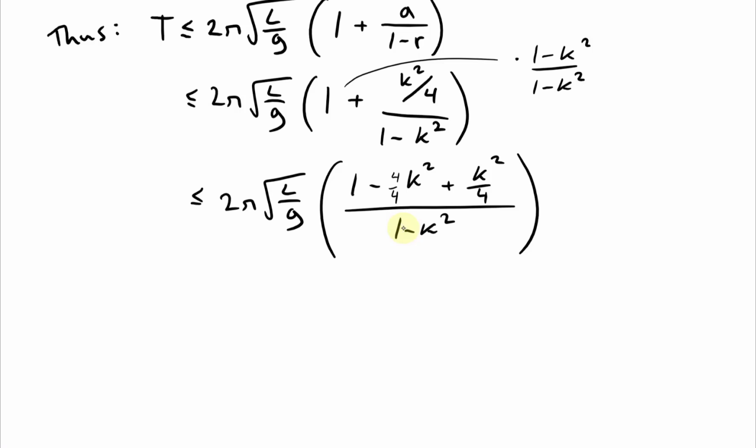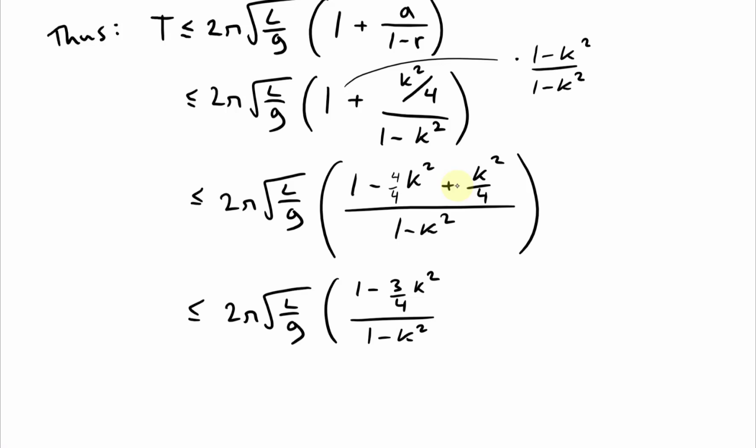So this is going to equal 2 pi square root L over G, and let's see what we can get now. This is going to be 1 minus 3 over 4 k squared over 1 minus k squared. Now to get rid of this denominator 4, just multiply top and bottom by 4, so that this cancels out.